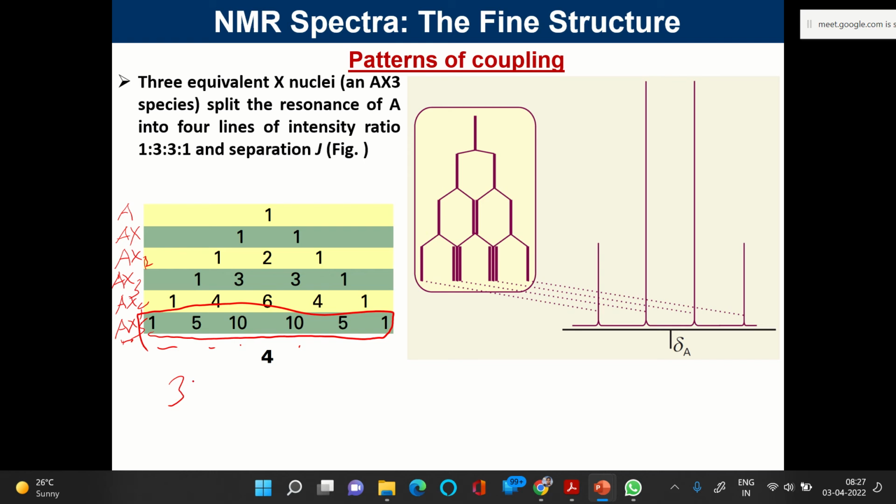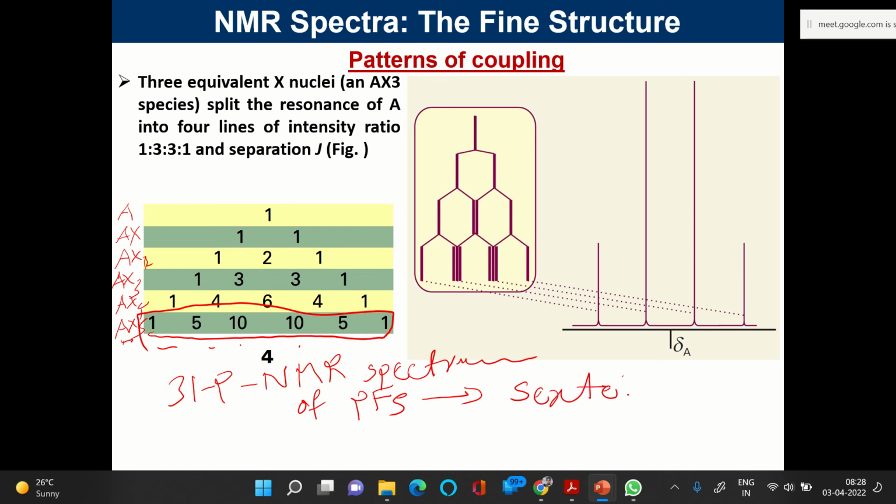So the 31P NMR spectrum of PF5 should give a sextet, because the 5 fluorine atoms attached to the phosphorus are all behaving in the same manner.